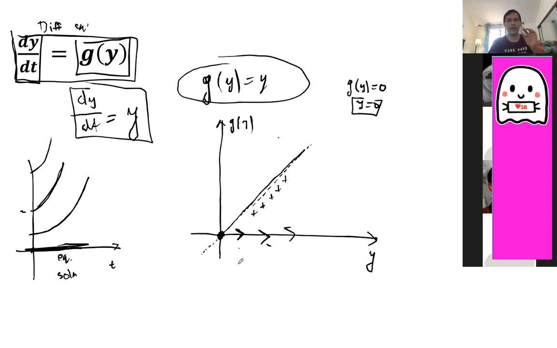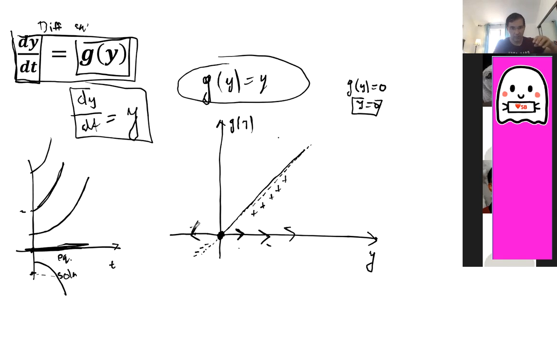Okay, let's see what's happening for points less than 0. For example, when I take this point -1, I would like to know how this solution looks like. I don't know what the solution is, but I do know that its derivative is negative. When the derivative is negative, the function will be decreasing, so something like this, and we'll indicate this by putting this arrow.